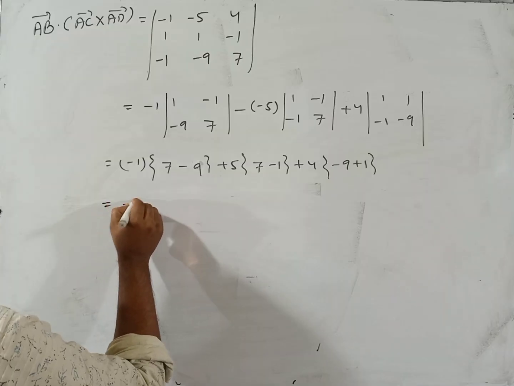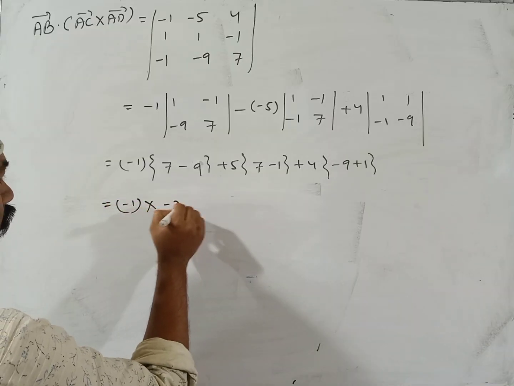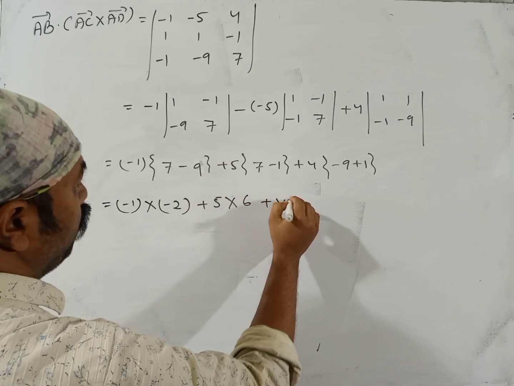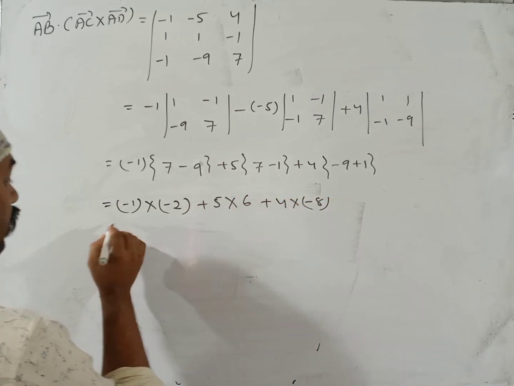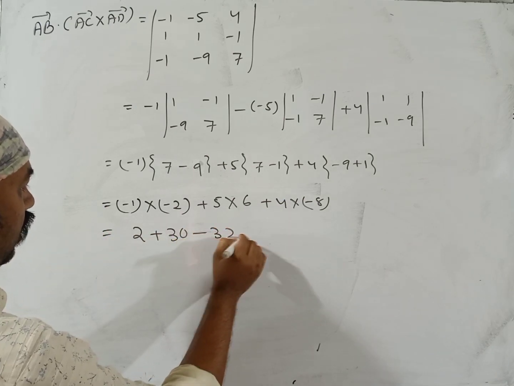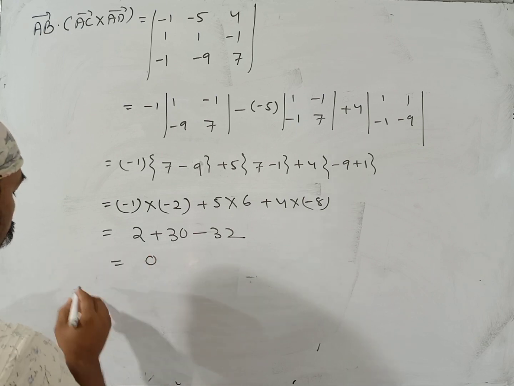Then it will be minus 1 multiplied with minus 2, plus 5 multiplied with 6, plus 4 multiplied with minus 8. Then it will be 2 plus 30 minus 32, which is equal to 0.